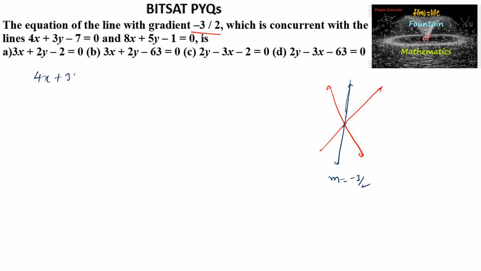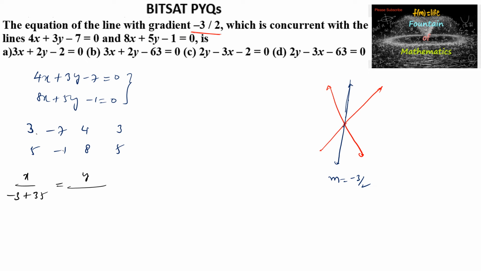4x plus 3y minus 7 is equal to 0, and 8x plus 5y minus 1 is equal to 0. We can write 3, minus 7 and 4, 3, and 5, minus 1 and 8, 5. By doing cross multiplication, x upon minus 3 plus 35 is equal to y upon minus 56 plus 4 is equal to 1 upon 20 minus 24.